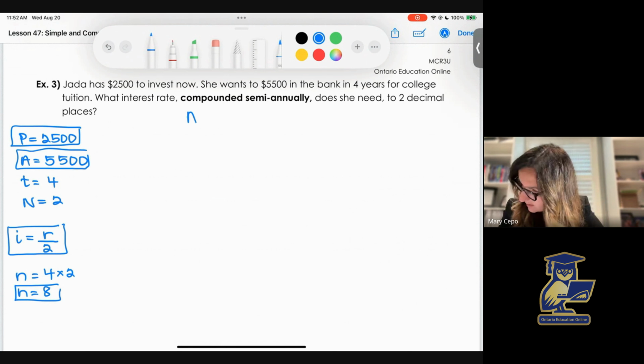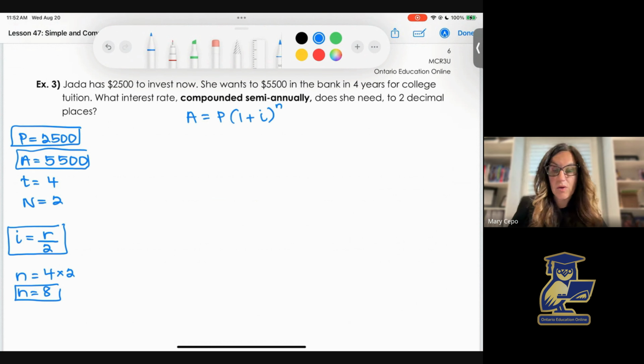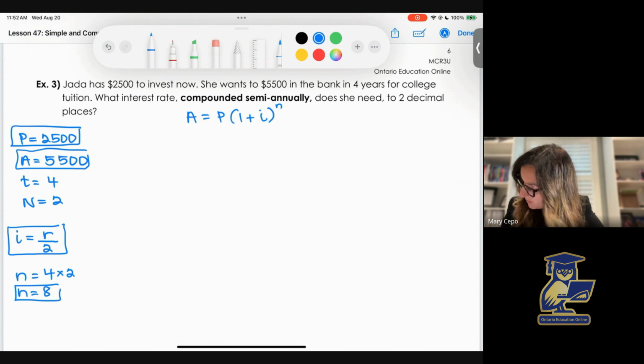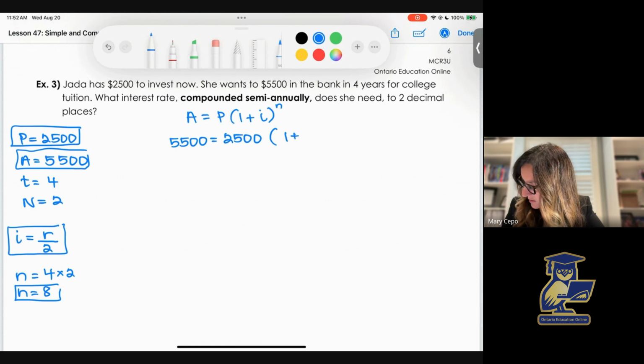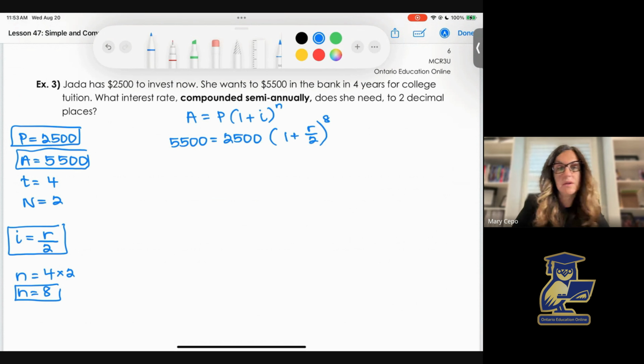We know amount is equal to principal times 1 plus i, all to the exponent of n. So amount, which is 5,500, is equal to the principal, which is 2,500, times 1 plus r divided by 2, all to the exponent of 8. And we need to solve for that rate.